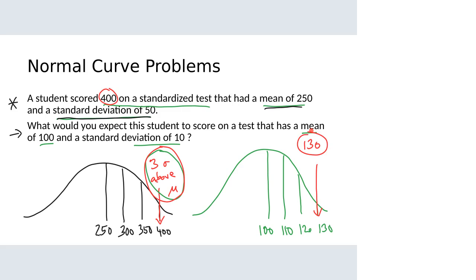So basically, we were able to use how far they were from the mean on the first test to see what we expect them to score on the second test. Let me know if you have questions on that. At first glance, it feels like a question that we're not going to be able to answer. Turns out to be relatively straightforward once we draw a picture and see what it is we're looking at.